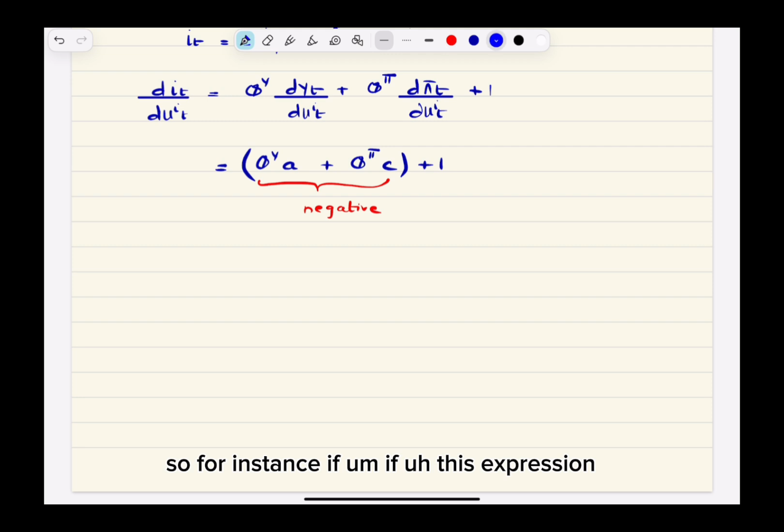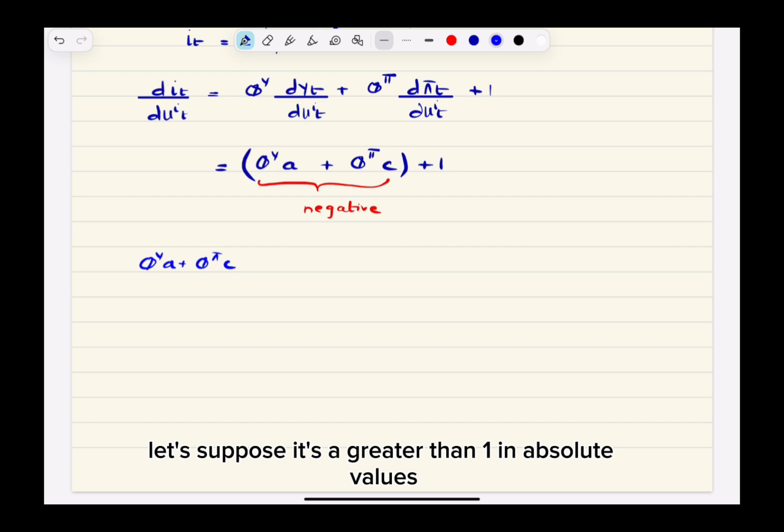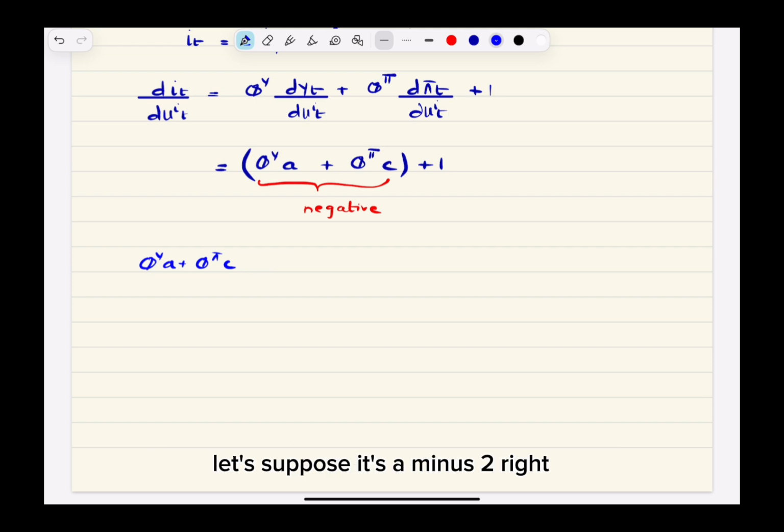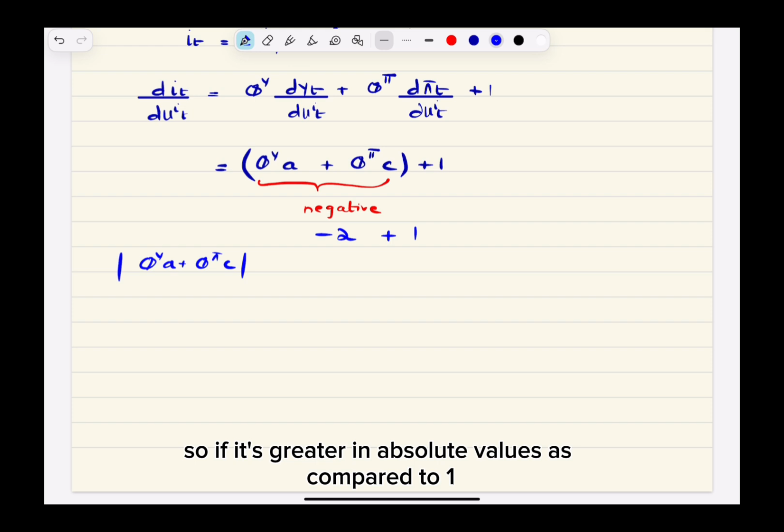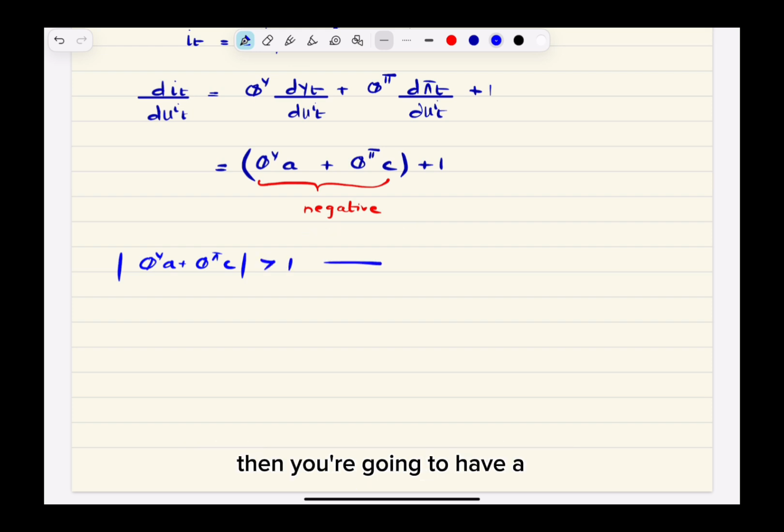So for instance, if this expression C is, let's suppose it's greater than 1 in absolute values. Let's suppose it's a -2, right? And this is a 1. So if it's greater in absolute values as compared to 1, then you're going to have a fall in the interest rate.